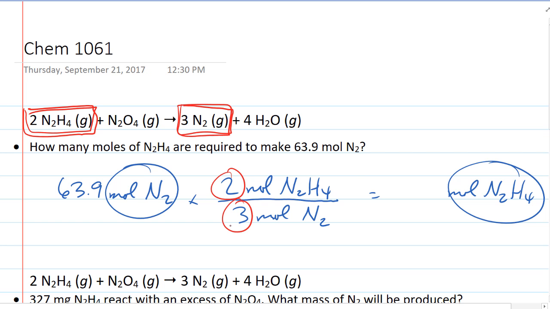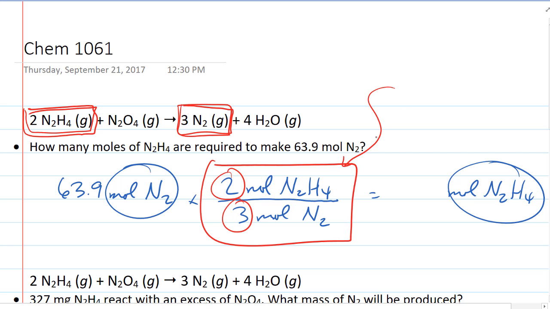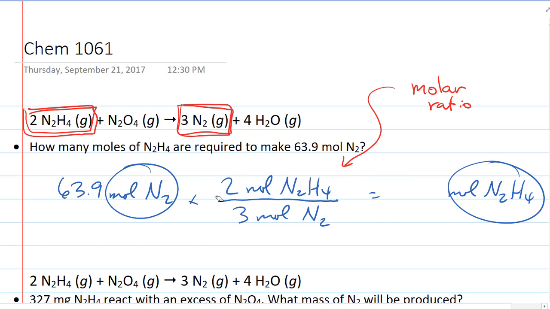And those of you that recall this from your previous experience in chemistry, what do we call this conversion right here? Anybody have that? Ratio. What type of ratio? It's called a molar ratio. And in the molar ratio, the coefficients come from the coefficients in the balanced chemical equation.